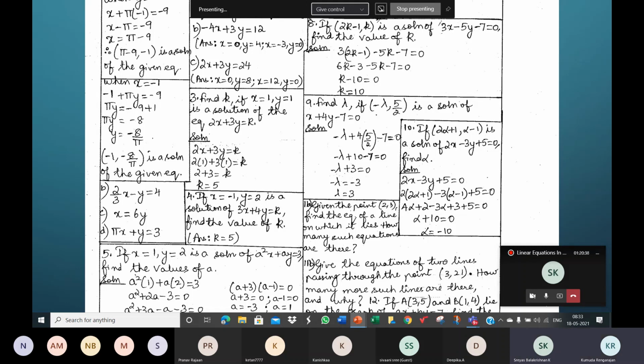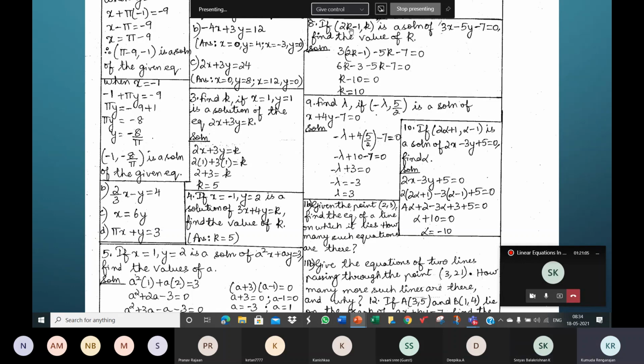Ma'am, a doubt, ma'am. Yeah, please. Ma'am, if 2k minus 1, k is a solution of that equation, they haven't given that x is equal to 2k minus 1. No, this is the x coordinate and this is the y coordinate. This is x comma y, the address of the point.